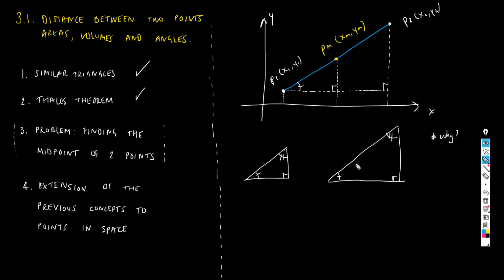If two triangles have two angles that are equal, like in this case, this is equal to this and this is equal to this, then why is that enough to say that the remaining angle will be equal? This is going to be an exercise in the workbook. You're going to demonstrate why this has to be the same. It's very simple.